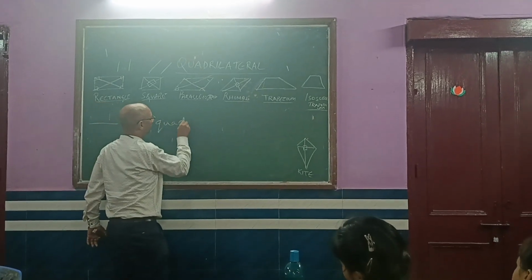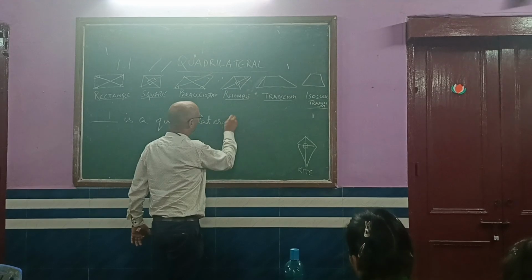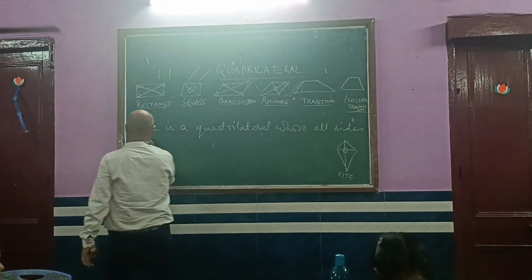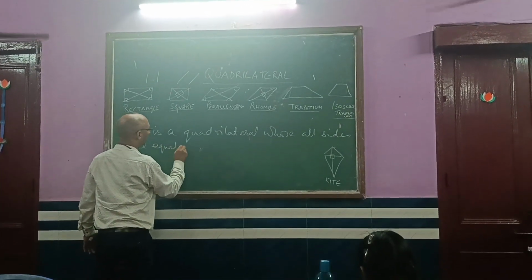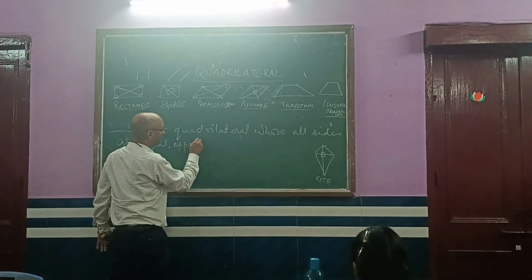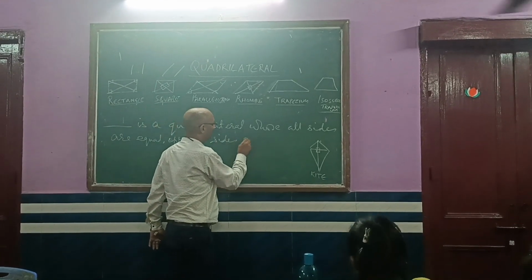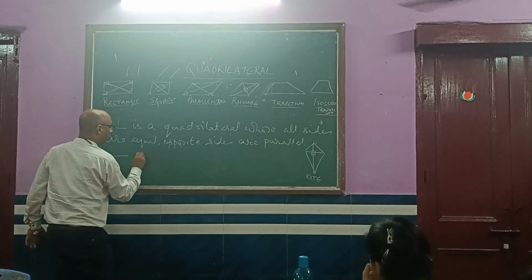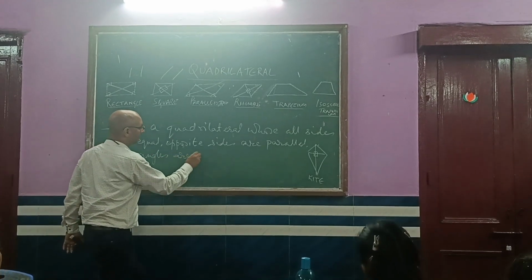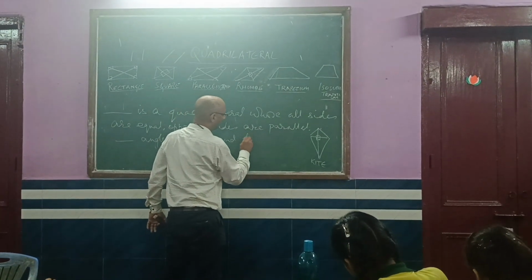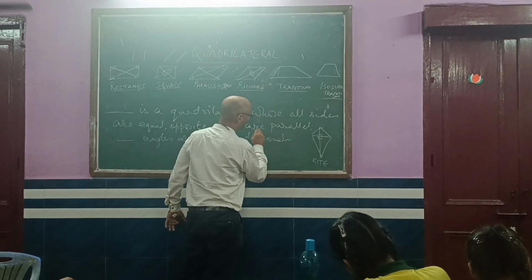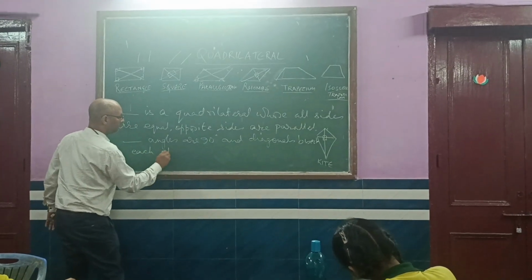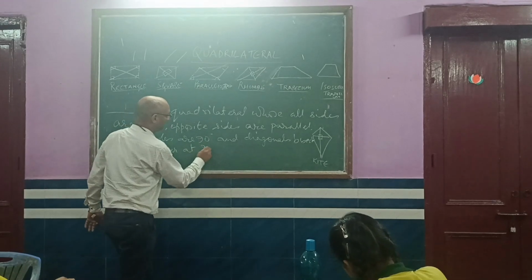It's a quadrilateral whose all sides are equal, opposite sides are parallel, angles are 90 degree, and diagonals bisect each other at 90 degree.